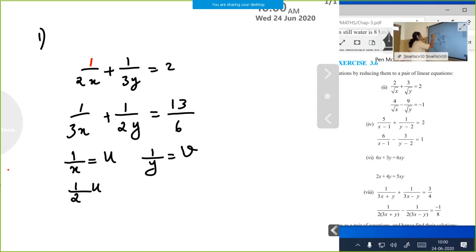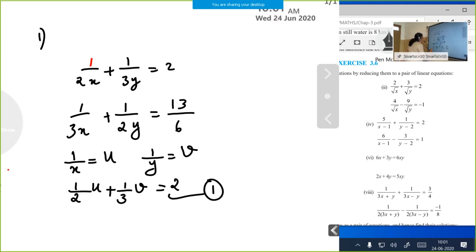The first equation becomes 1 by 2 into u plus 1 by 3 into v is equal to 2. Instead of 1 by x you write u and instead of 1 by y you write v.